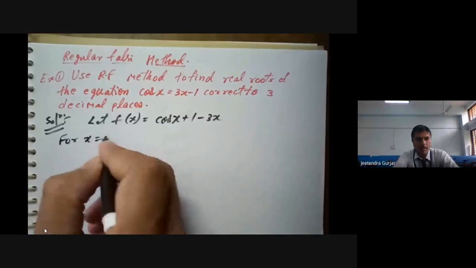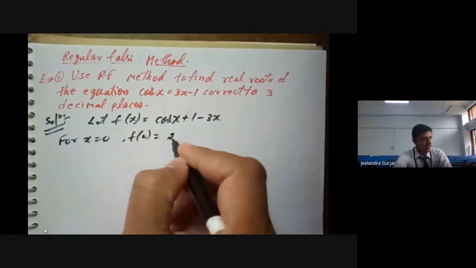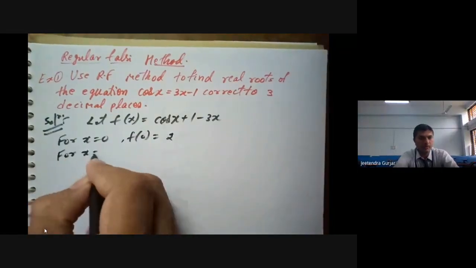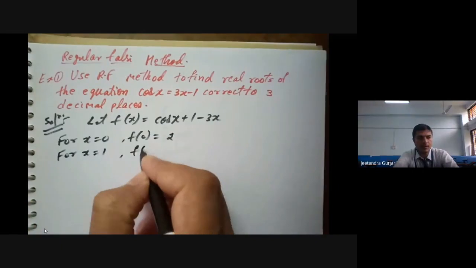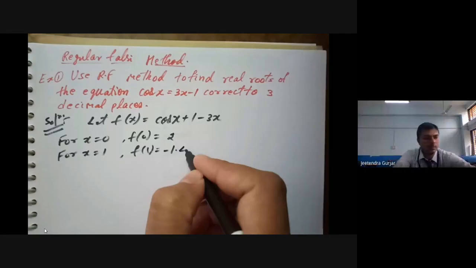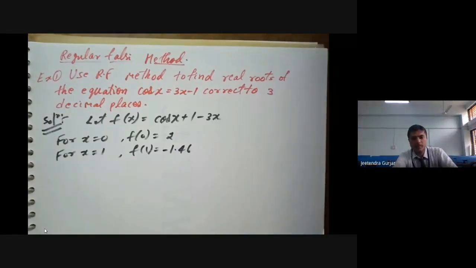Then for x is equal to 0, what we get? The answer we get here is 2, and for x is equal to 1, f of 1 we get here answer as minus 1. So keep your calculator also ready, so that will make this example very simple and you'll understand how to simplify.